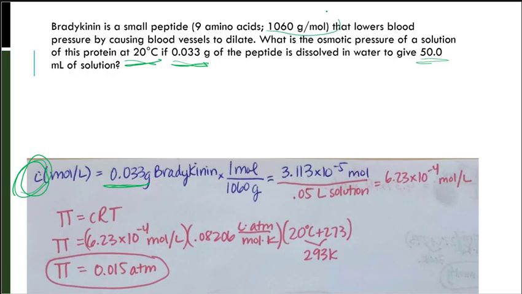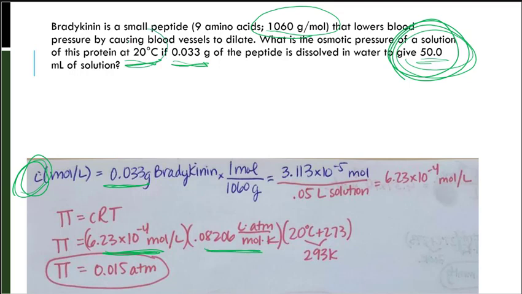I'm going to go to moles using the molar mass given, and then take my moles and divide it by the 50 milliliters, which is 0.05 liters. That gave me my concentration. I know my R, and I found my temperature, 20 plus 273 to get 293. And again, my osmotic pressure will be in atmospheres.